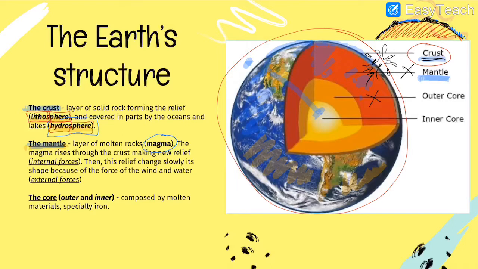Imagine in my drawing, this is the magma, and here in the ocean, they manage to break the crust and go outside. And finally, this magma solidifies because here there is less temperature, and they create new relief, new solidified rocks, so new crust.